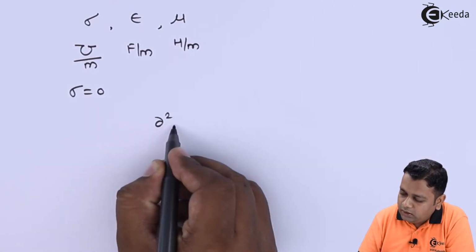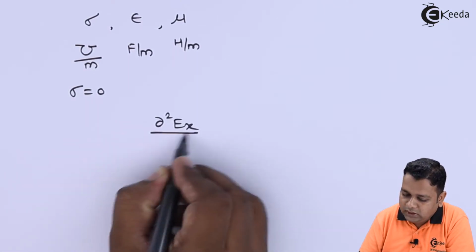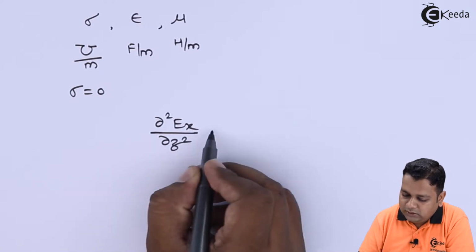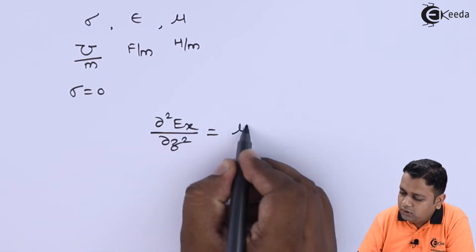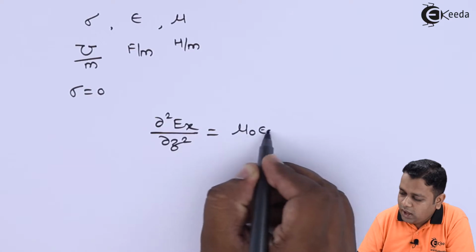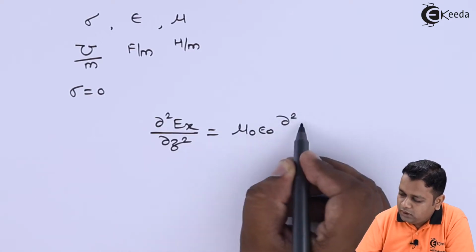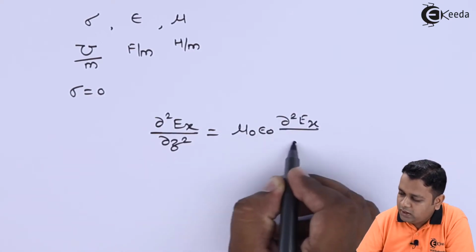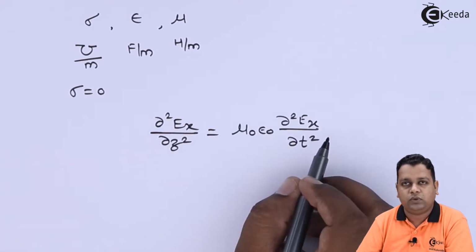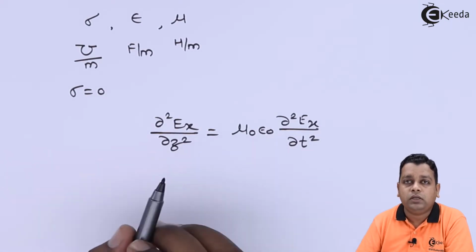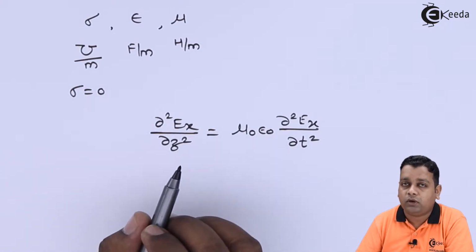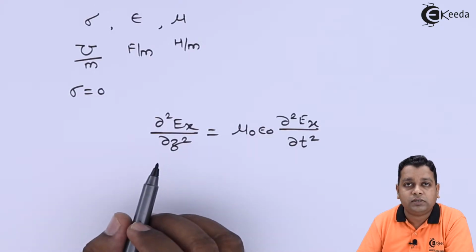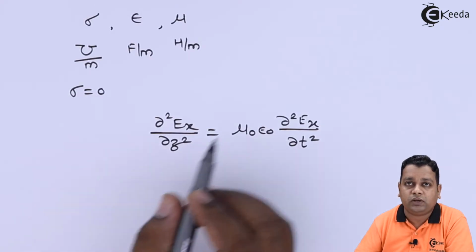It will be del squared Ex divided by del z squared is equal to mu 0 epsilon 0 del squared Ex divided by del t squared. So if you recall the wave equation for the electric field, on the left hand side it used to be del squared.